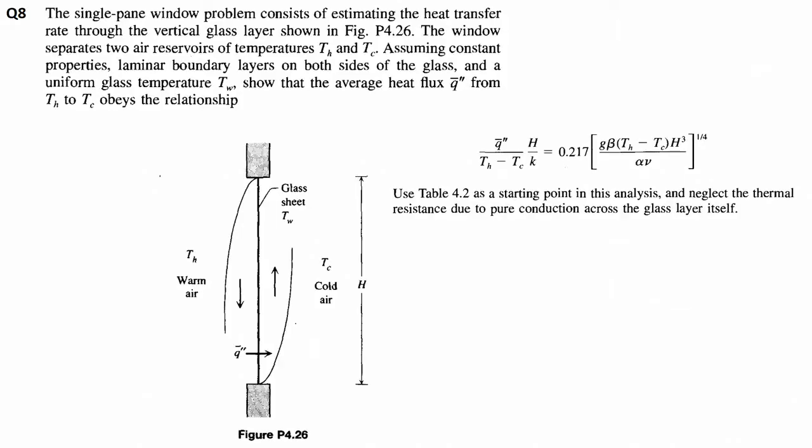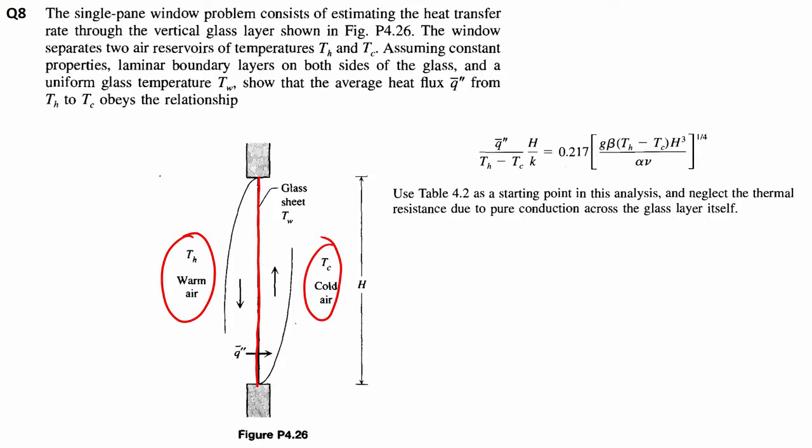The single pane window problem consists of estimating the heat transfer through a vertical glass layer, shown in this figure. The window separates two reservoirs, this one warm and this one cold.